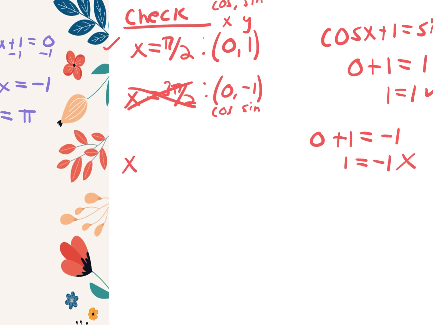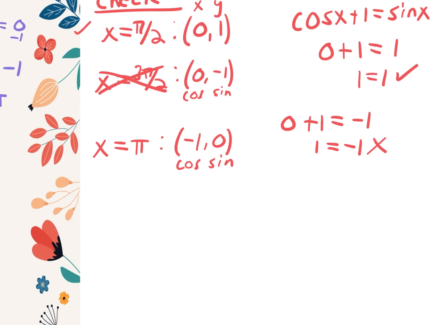Let's do the exact same thing at x equals pi. What happens at pi? What's our ordered pair there? Nice, -1, 0, and keep in mind that it is cosine, sine. So let's plug those numbers in. We get -1 plus 1 equals 0. What's -1 plus 1? 0, so we get 0 equals 0.